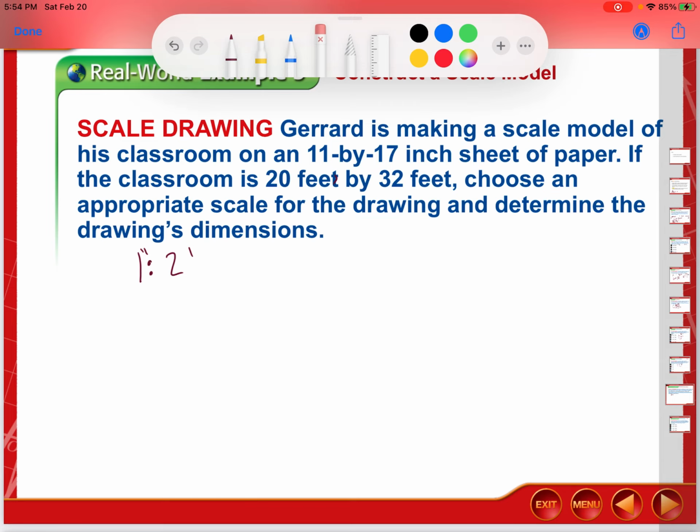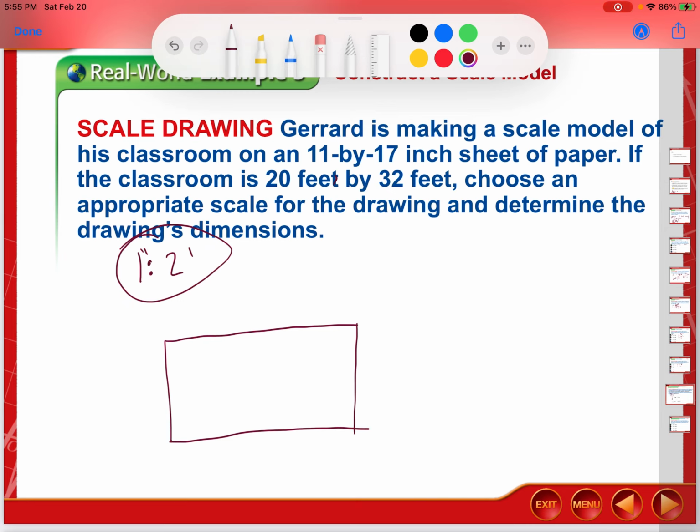Now, there's another way to look at this, and personally, in my class, I would say, yep, if you said 1 inch to 2 feet, that's perfect. That's an acceptable scale factor. The second way you can look at it is, I have a classroom that is 20 feet by 32 feet, and I have a paper that is 11 by 17.